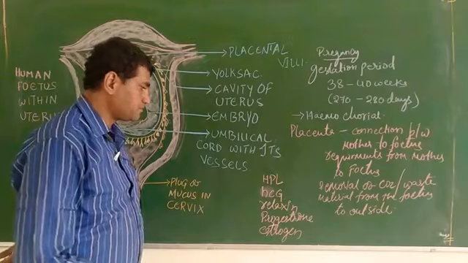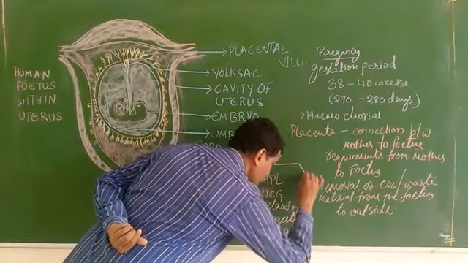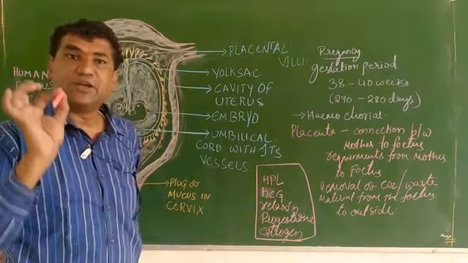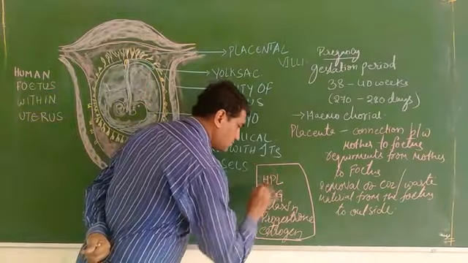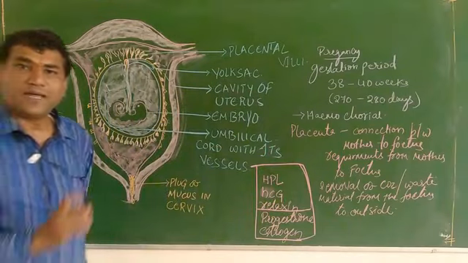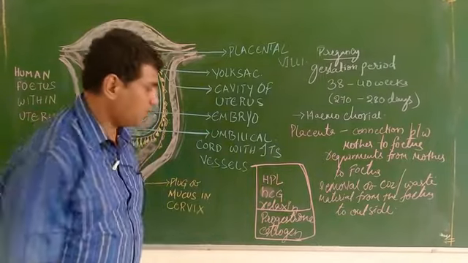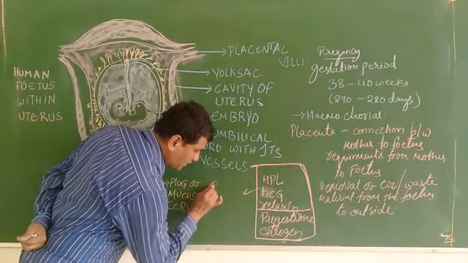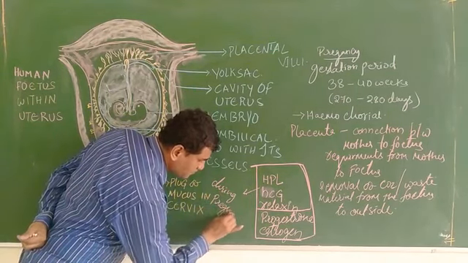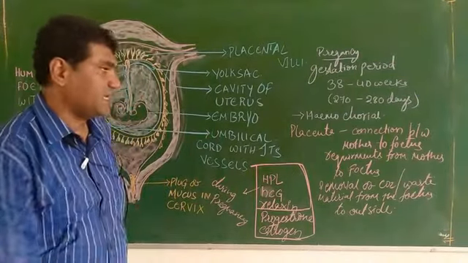So the placenta is called a temporary endocrine gland. The first 3, human placental lactogen, human chorionic gonadotropin and relaxin, are produced only during pregnancy.